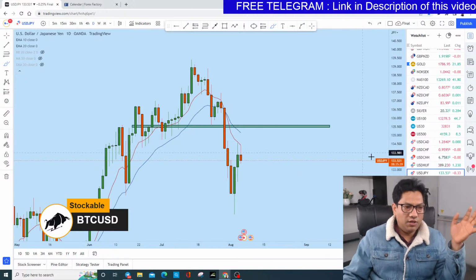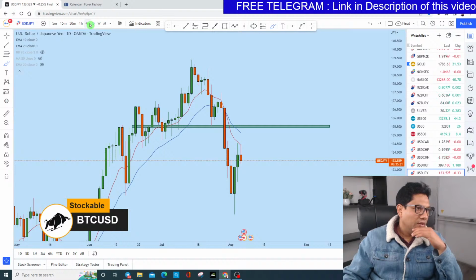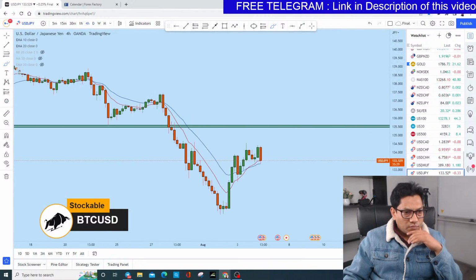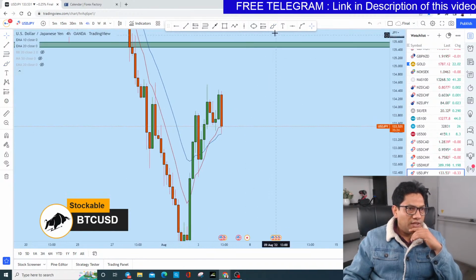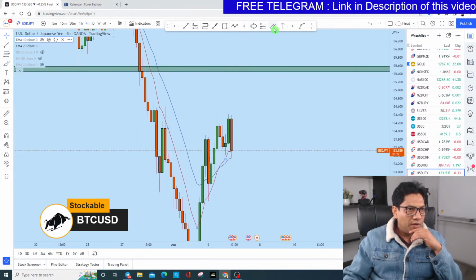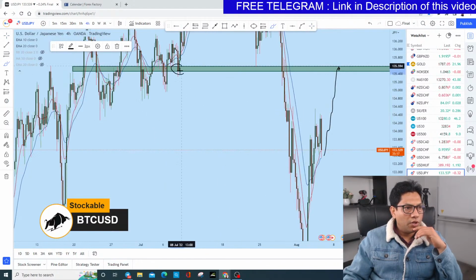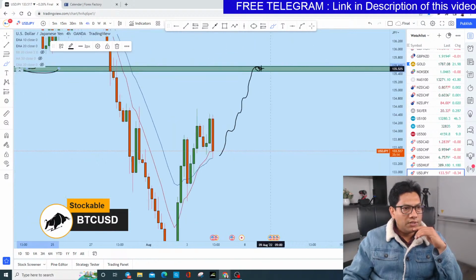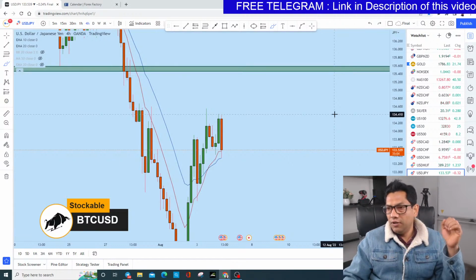So I think dollar yen will go up again later today, probably. On the 4 hour, though it is creating bearish price action, I think dollar yen will go up again from here, and finally test this previous support as a resistance, and then we might see dollar yen coming down. So it is still bullish to me. Let's see what happens.